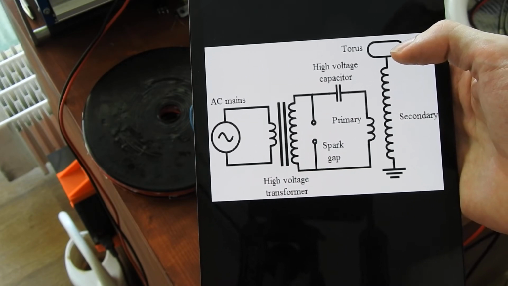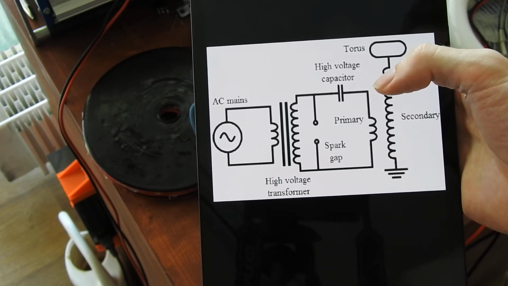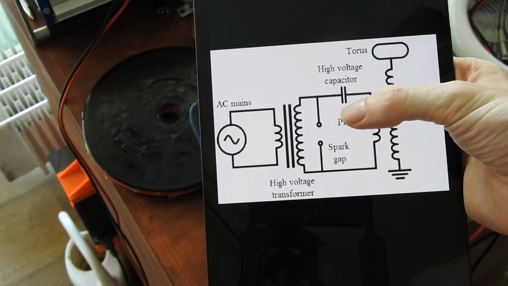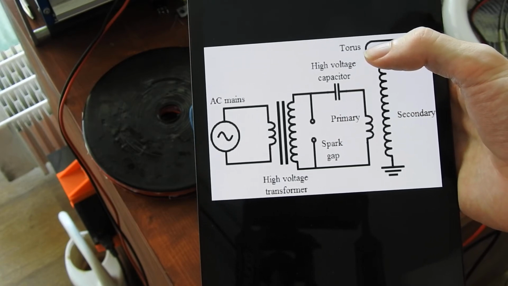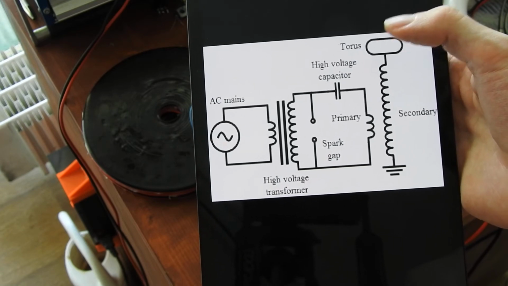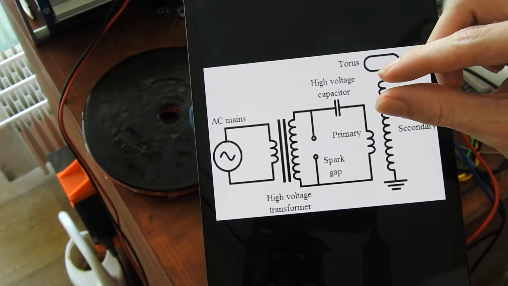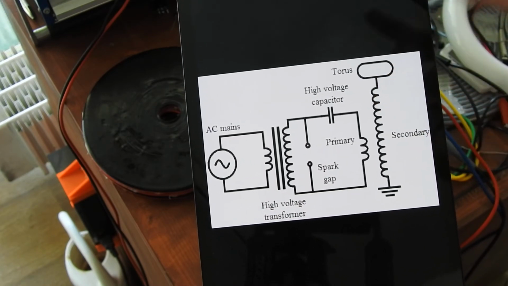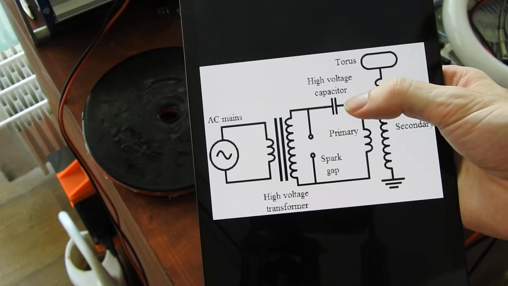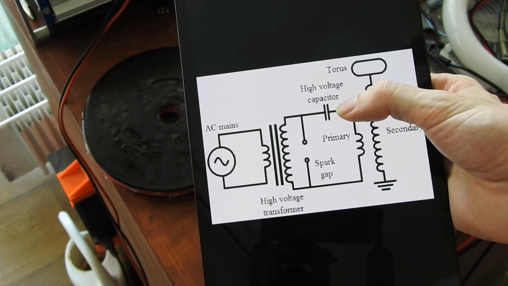And the principle of how this works is, if the voltage in the high voltage capacitor is high enough, the spark gap will produce a spark, because in air at around 1 kilovolt you have to have a distance in your spark gap of 1 millimeter for a spark to appear. That's just roughly, but yeah.